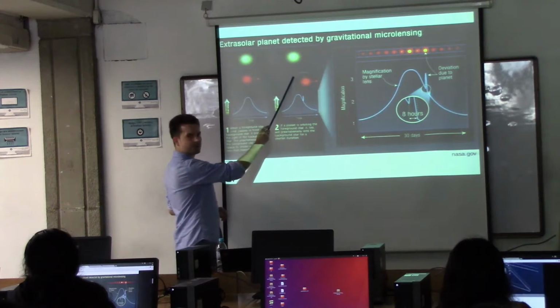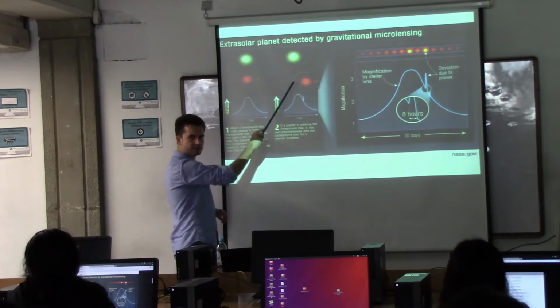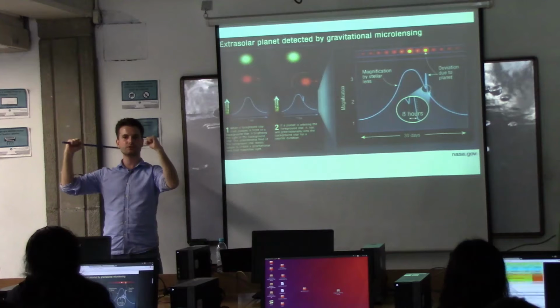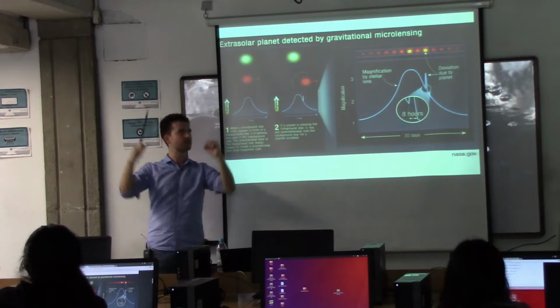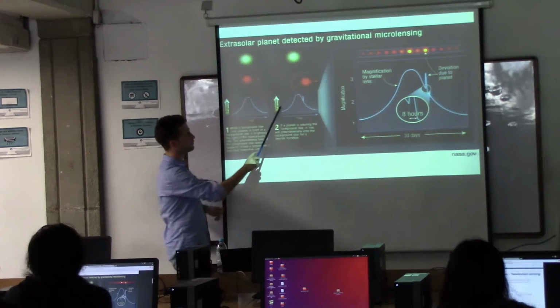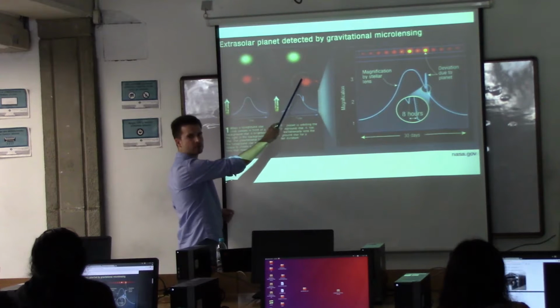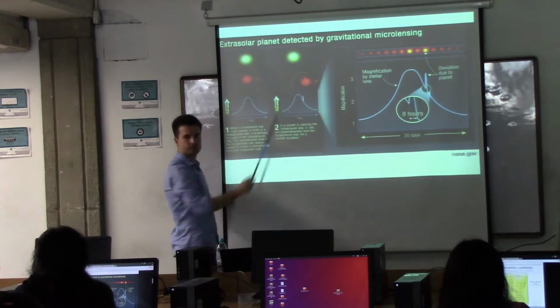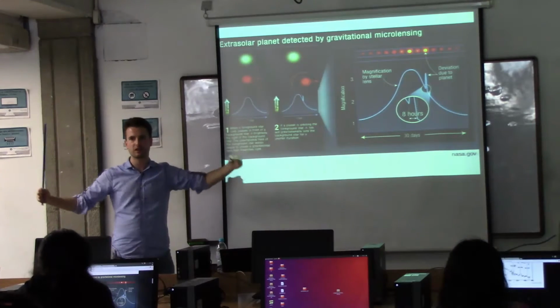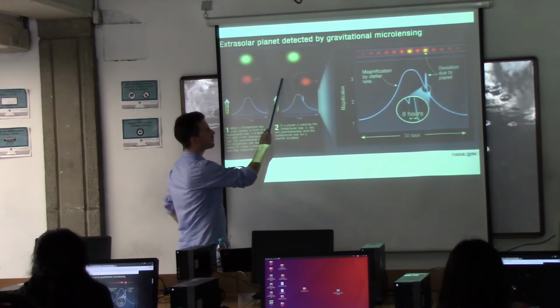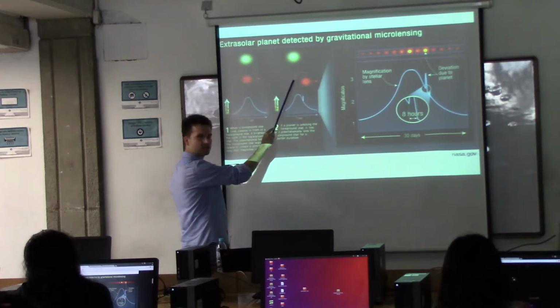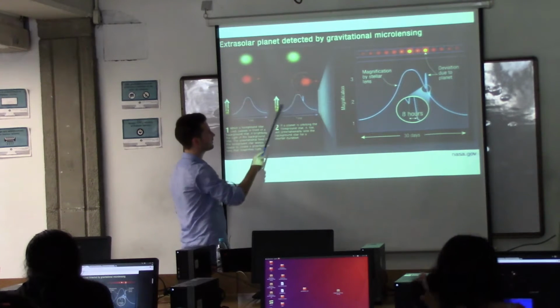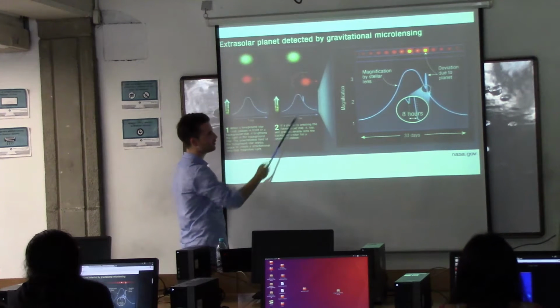Now, if that star has a small planet orbiting it, that is basically having two lenses moving in front of the background star. So first you have the big kick from the central star, which has a large Einstein radius and large magnification. But then at some point the planet will also act as a lens, and you will see this blip here.